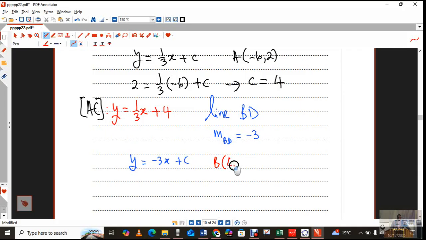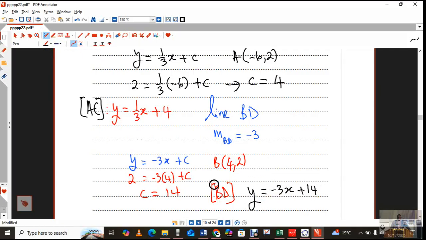So substituting 4, 2 here, y is 2 and x is 4, to find my value of c. This gives negative 12, so c will be 14. Therefore my line BD is y equals negative 3x plus 14.